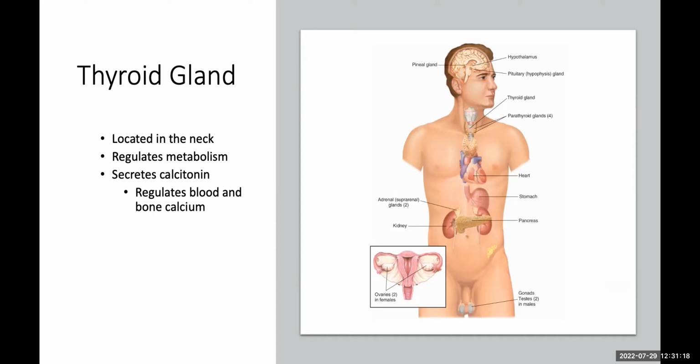It plays a very vital role in your metabolism and body functioning. It also secretes calcitonin, which helps regulate the calcium in the blood and in the bone. If your thyroid doesn't function properly, the parathyroid cannot carry on that responsibility. They both work together as a team, as a couple.